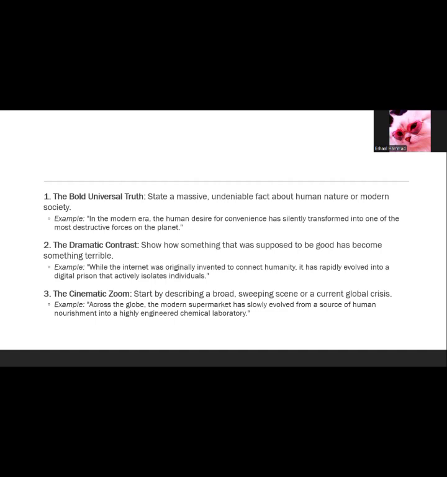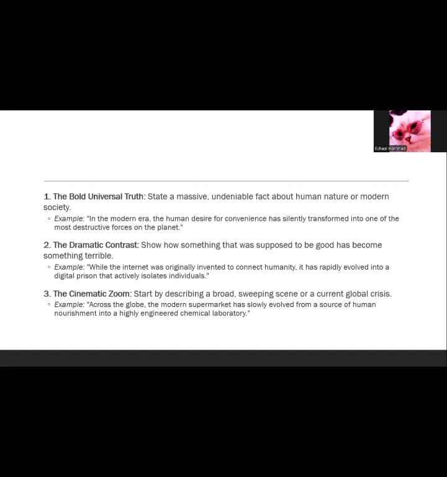The second methodology that you can use to make your doormat is the dramatic contrast. Okay, show how something that was supposed to be good has become something terrible. It's a contrast in a dramatic manner. For example, while the internet was originally invented to connect humanity, it has rapidly evolved into a digital prison that actively isolates individuals.